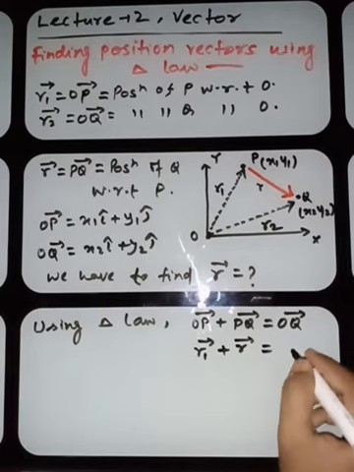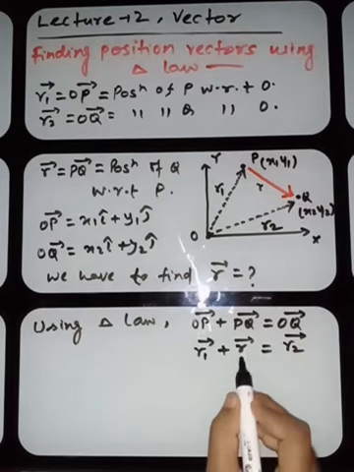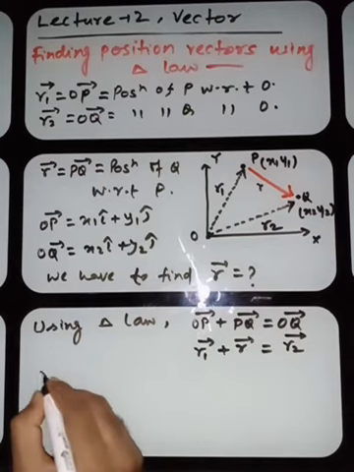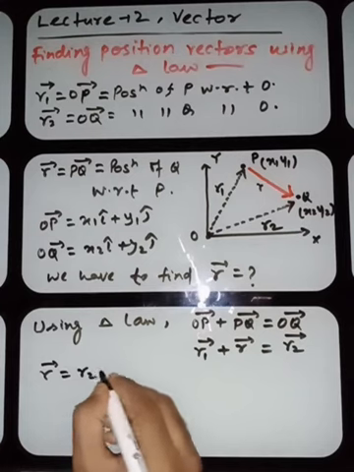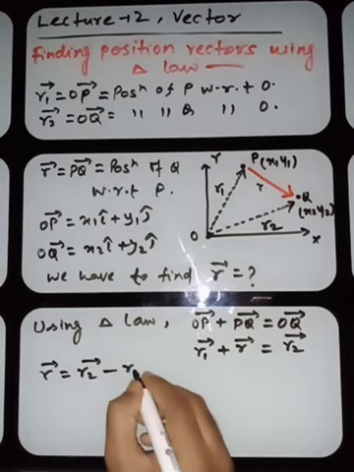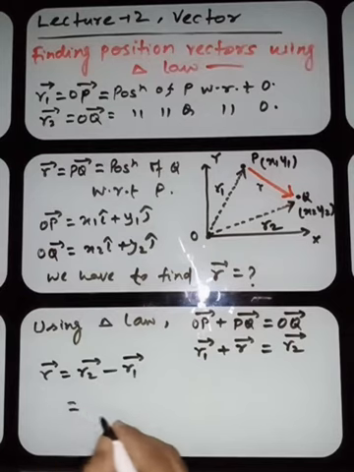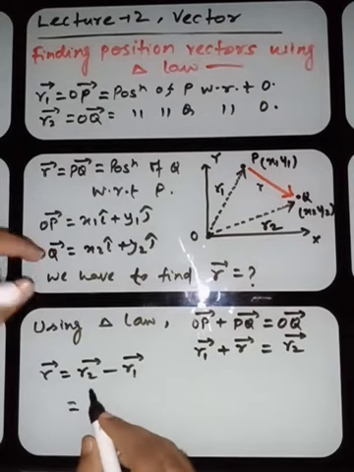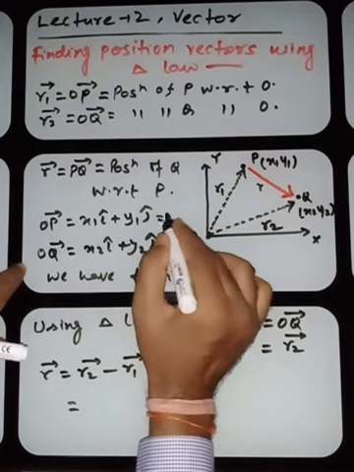What do we have to find actually? R. So we can write vector R is equal to R2 minus R1. R2 we have, this one, and this one is R1.